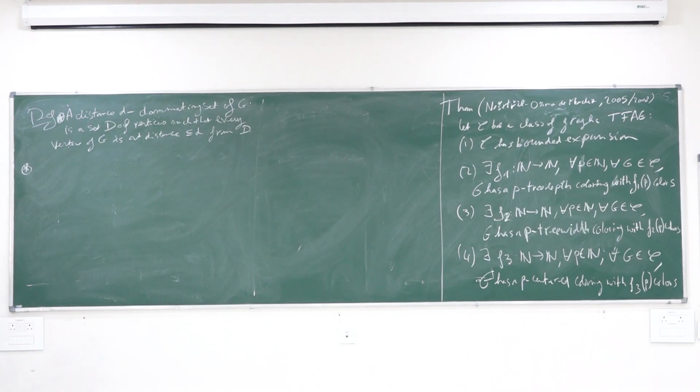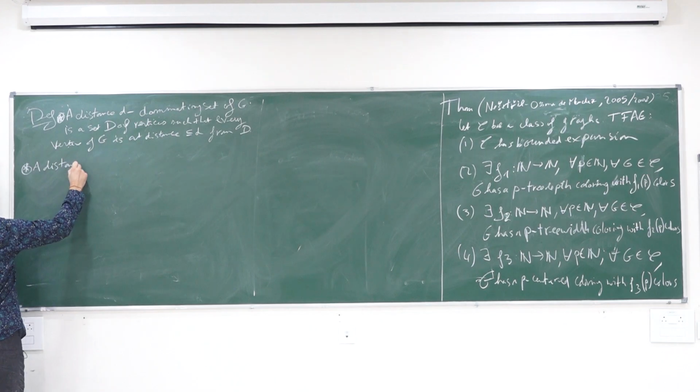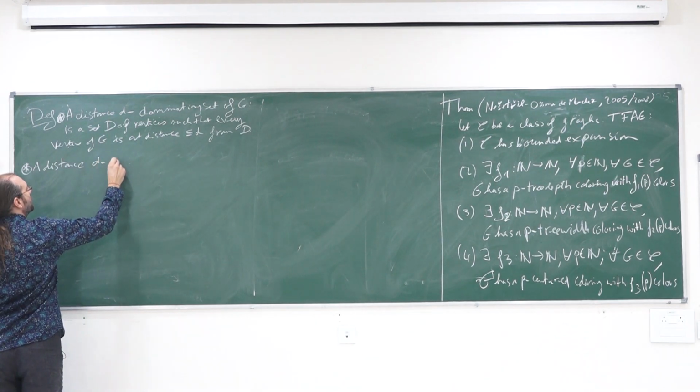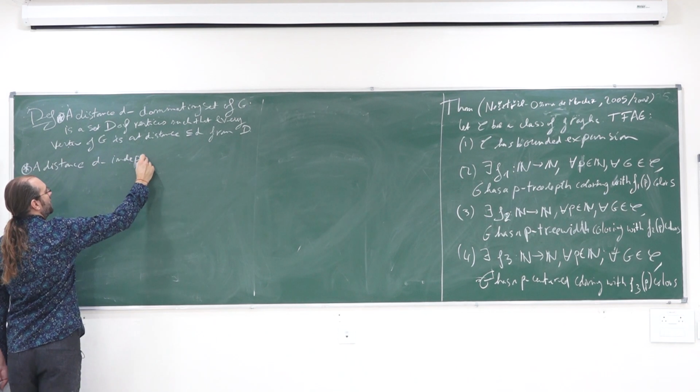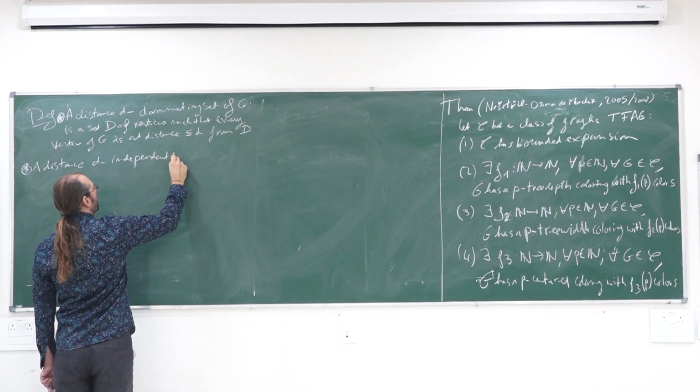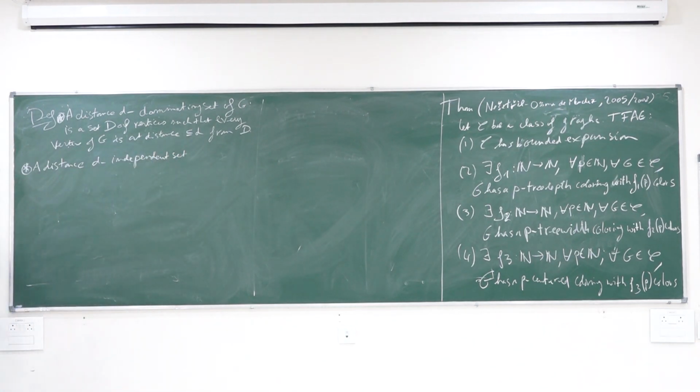And we have the corresponding notion of a distance d independent set. I will deviate a little bit from the notation used in the literature, because I'm more used to this one.